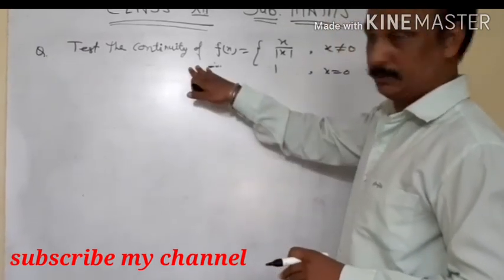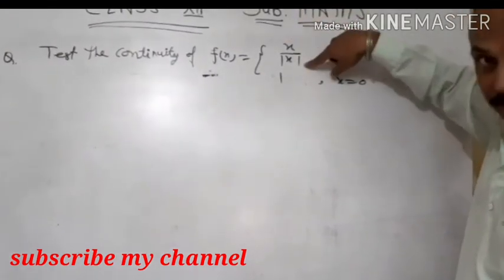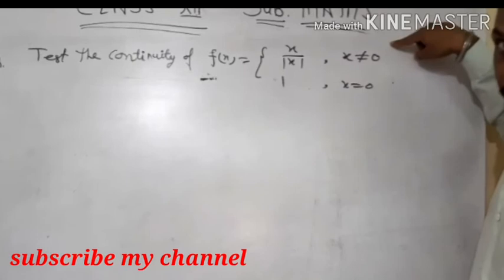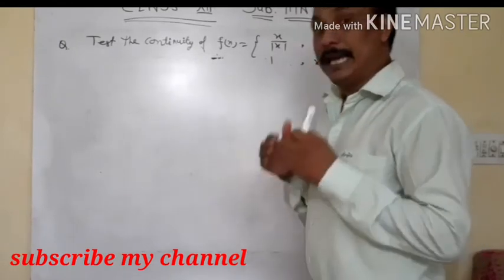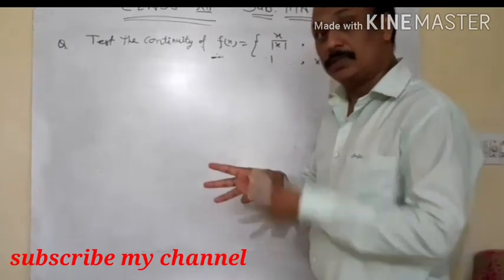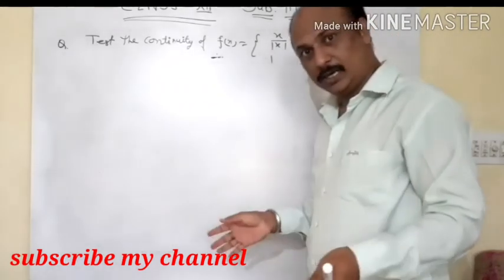Okay, it is: test the continuity of function f(x), which is x upon modulus x if x is not equal to 0, and 1 if x is equal to 0. By the same process, we should calculate three values at the point: f(0), LHL and RHL. Okay?